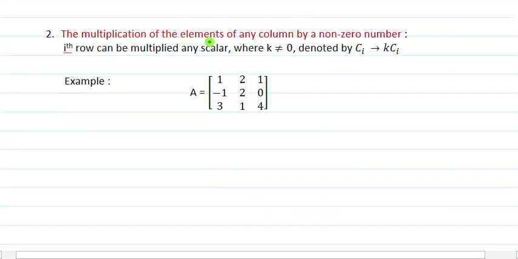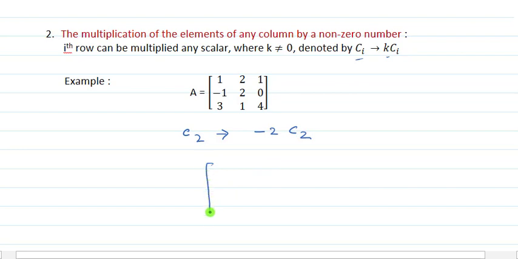Next is multiplication of elements of any column by a non-zero number. Here any column can be multiplied by any scalar. So for example, let me apply operation on C2. So we can write C2 implies minus 2 C2.